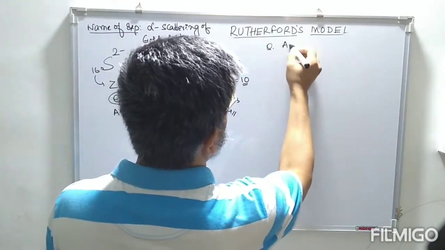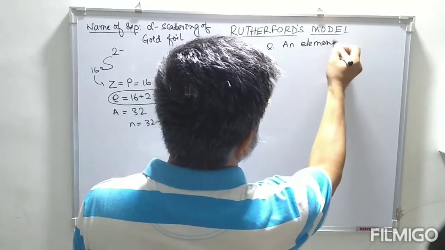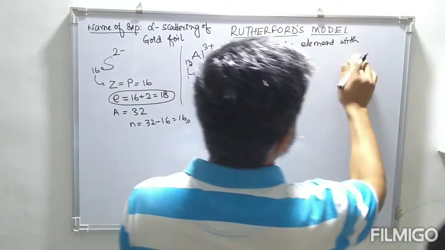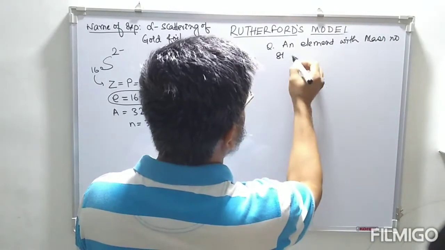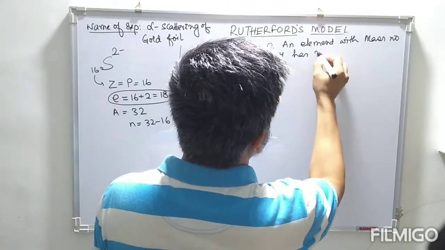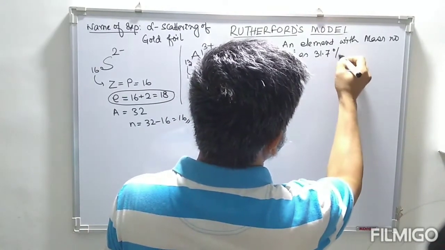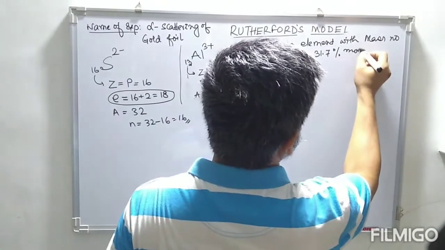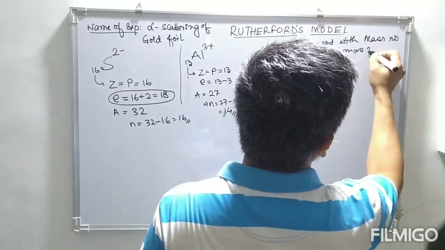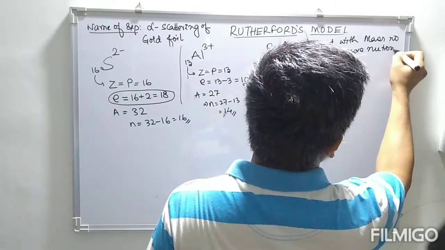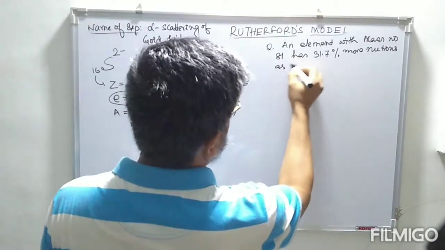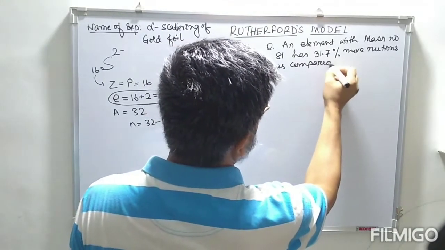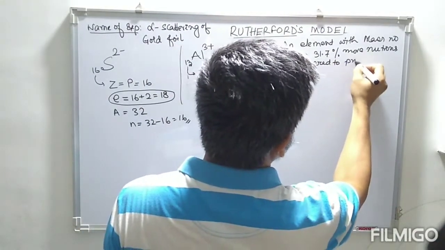Question says an element with mass number 81 has 31.7 percent more neutrons as compared to protons.